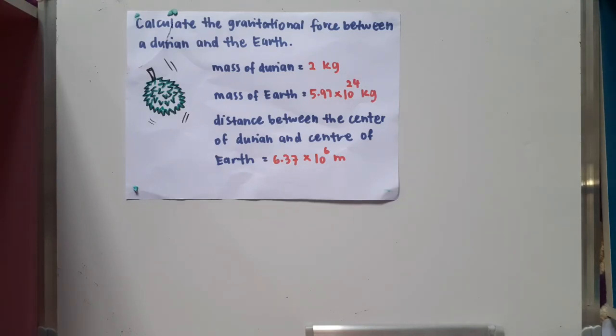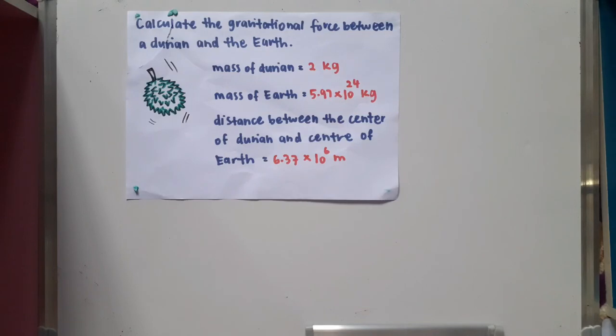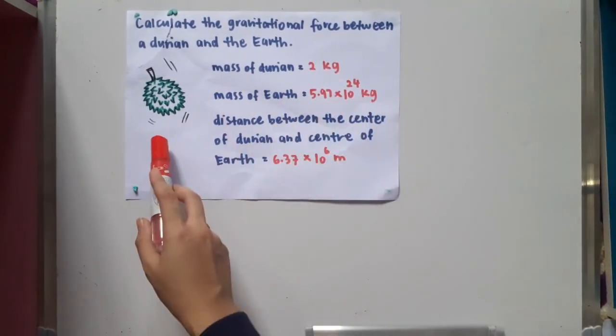Okay class, so this is an example question to find the gravitational force between an object on the Earth's surface and the Earth. The object on the Earth's surface in this question is this durian. So calculate the gravitational force between a durian and the Earth. The mass of the durian is given, which is 2 kg.